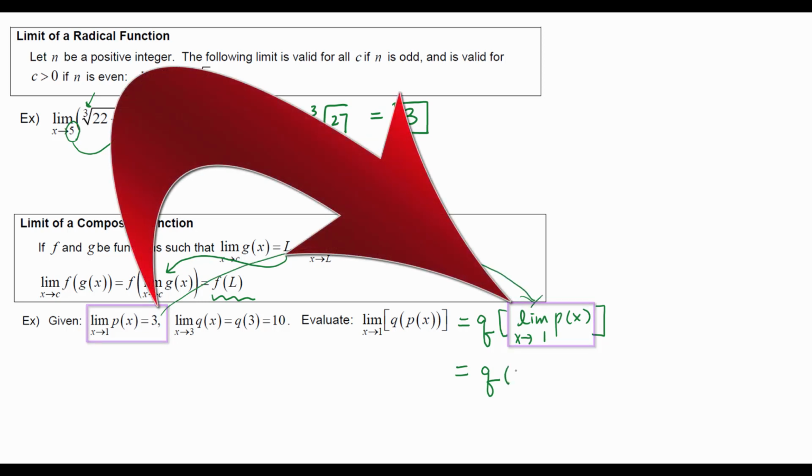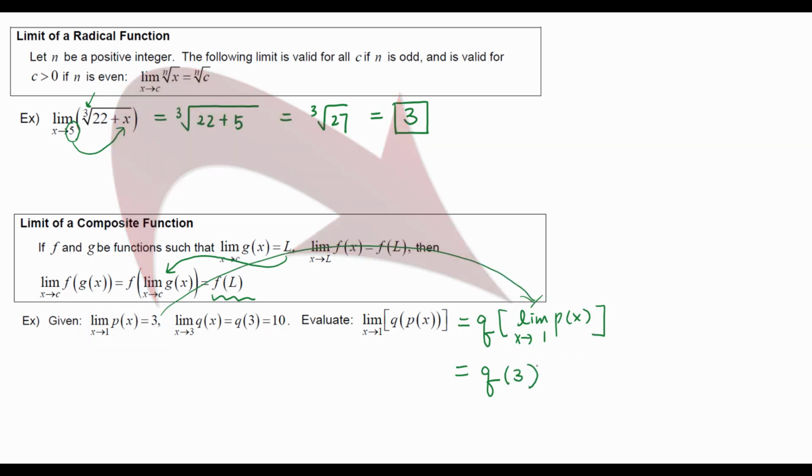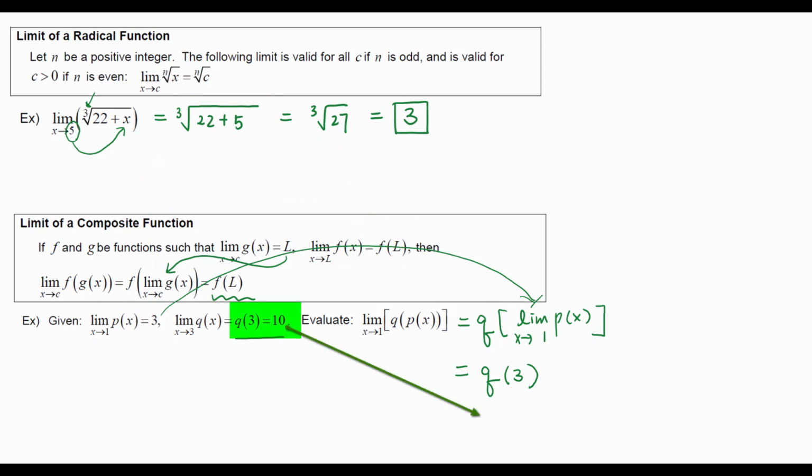So this will be equal to q of 3, and q of 3 is equal to 10. Therefore, the limit value would be equal to 10.